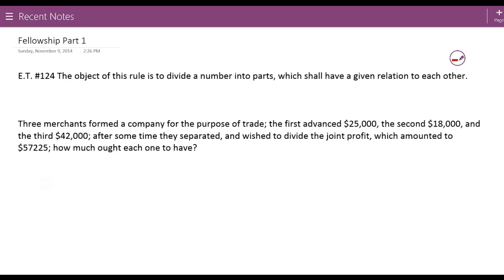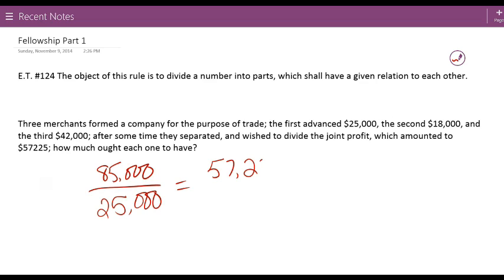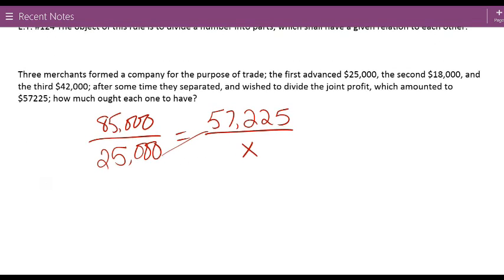All right, so we have $85,000 over $25,000 equals 57,225 over whatever that person is entitled to. So then, using our rule of threes, we multiply our second and third terms and divide by our first term.